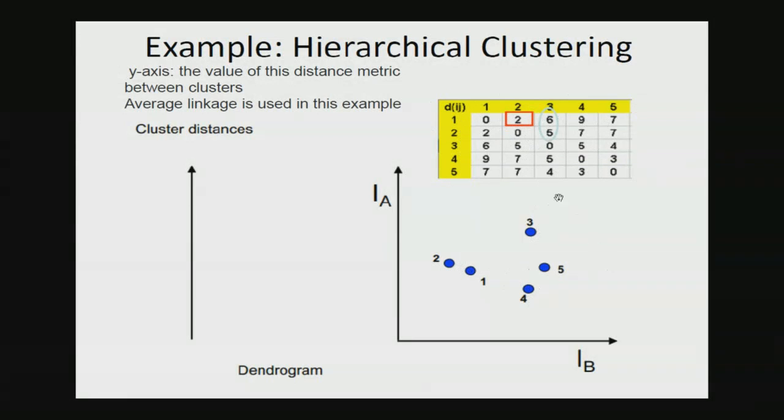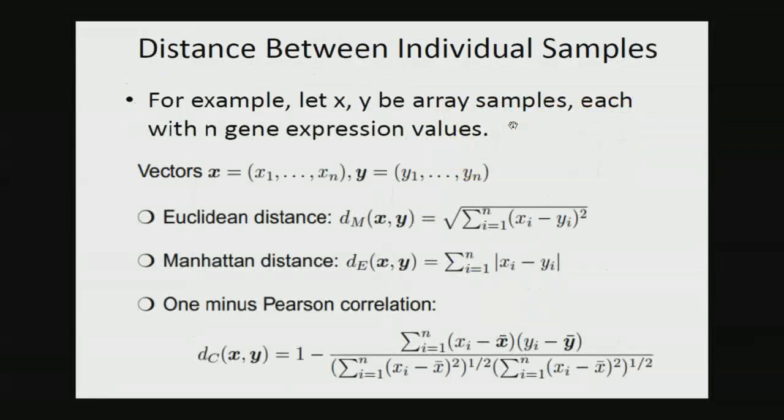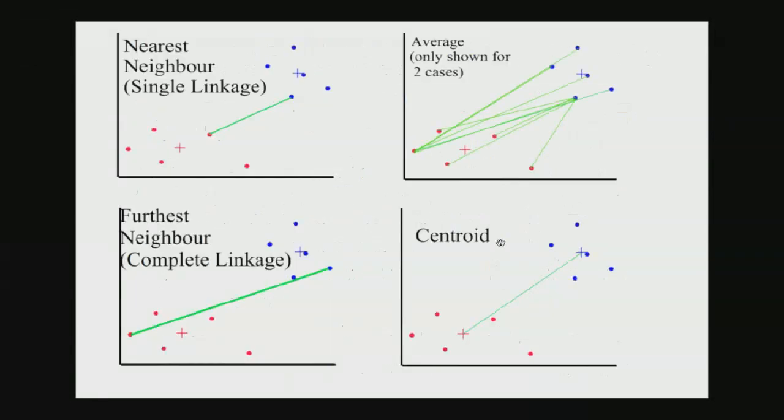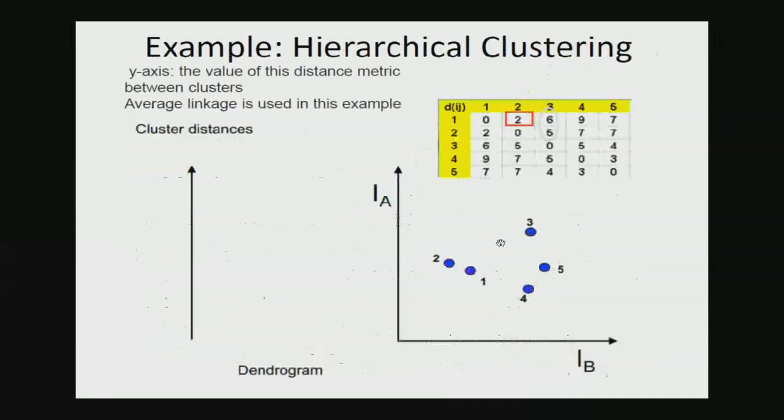Now we look at this matrix and pick the smallest pairwise distance, because the algorithm says to find the pair with minimal distance. Then we merge them using one of the linkage rules, and now we use the average linkage rule. So this is the pair with the smallest distance, and we merge these 2 points together.